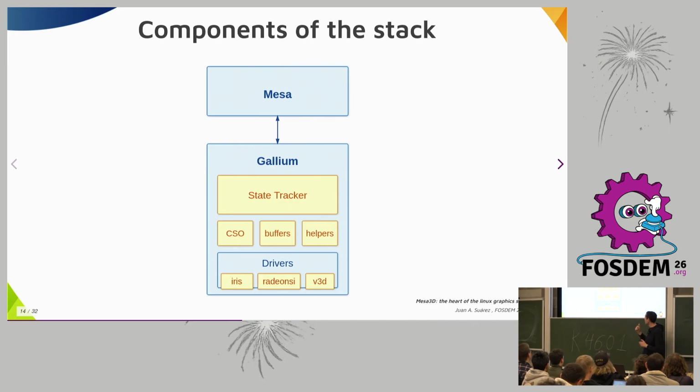And then, if so, it moves to Gallium, which handles all the complexity of the state machines and things like that. So the way this works is, when you write your driver, like the Iris driver, you are going to create structures for Gallium. There's an API to do that. And then Gallium provides hooks that you just need to implement.